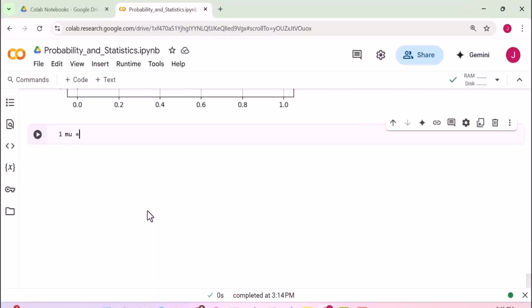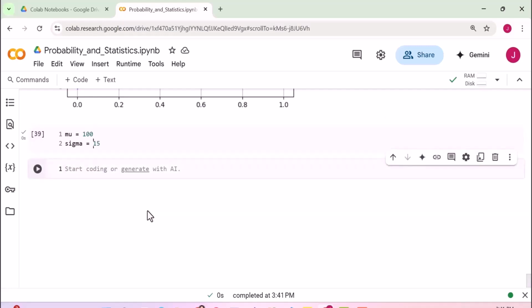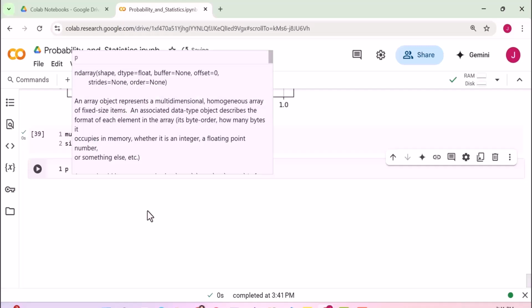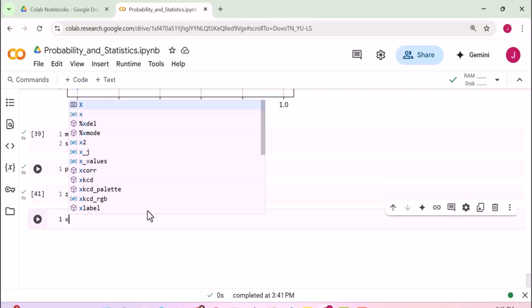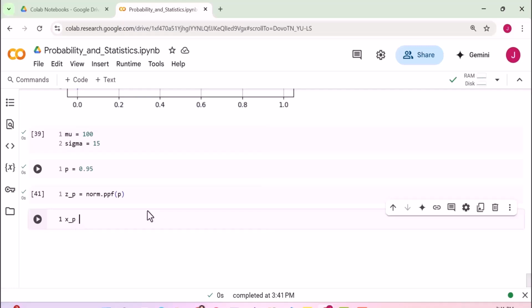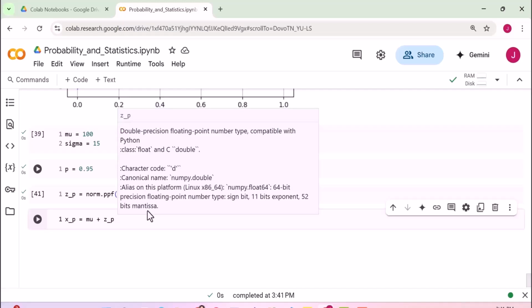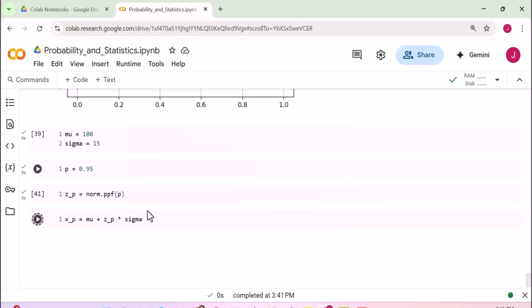For example, mu is equal to 100 and sigma is equal to 15. Then I want to find the 0.95 probability point, so I go for ppf. So z_p is equal to norm.ppf of my p, and x_p, the 95th percentile of X, is equal to mu plus z_p multiply sigma, based on the equation that we had.